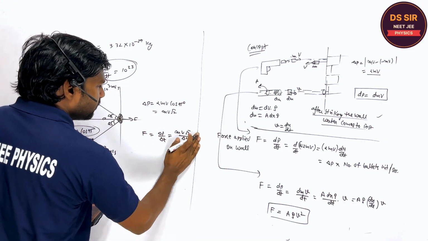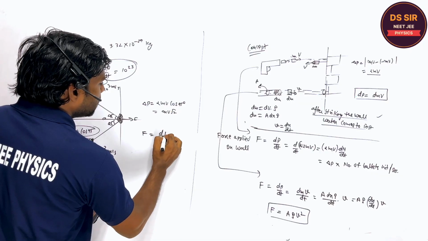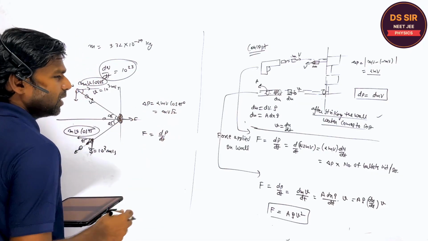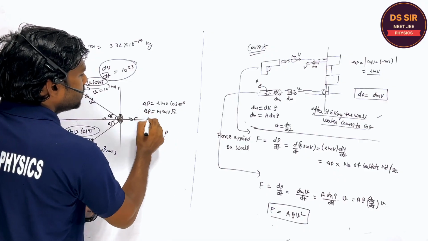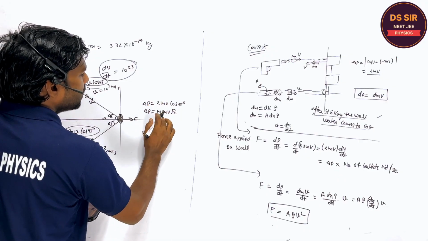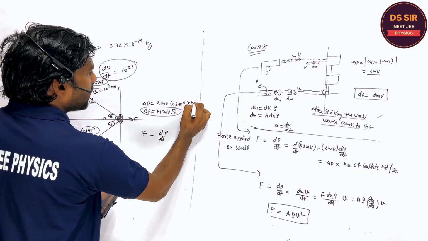This is the change in momentum of one ball. If n balls strike, what is the total change in momentum? Say multiply by n. Are you getting? This is multiplied by n.